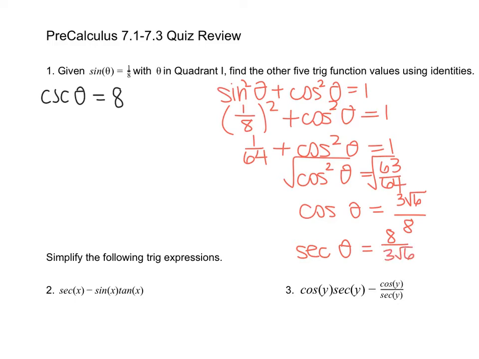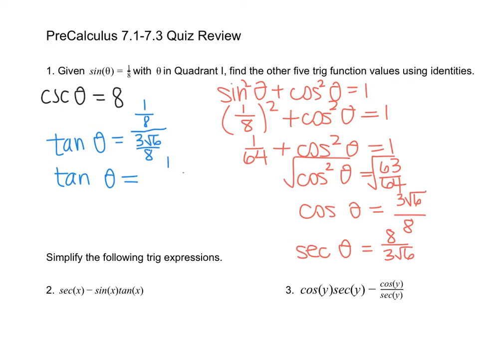And then all that's left to find is tangent and cotangent. Well, tangent of theta, another one of our identities, tells us that it's sine divided by cosine. So that would be 1/8 divided by 3 radical 7 over 8. And we are dividing two fractions with the same denominator, so we are only dividing their numerators.